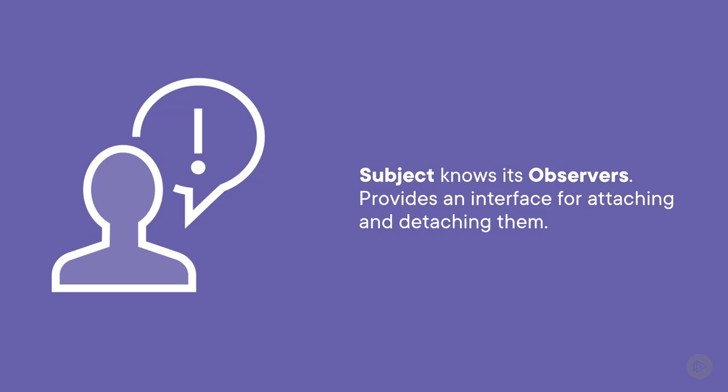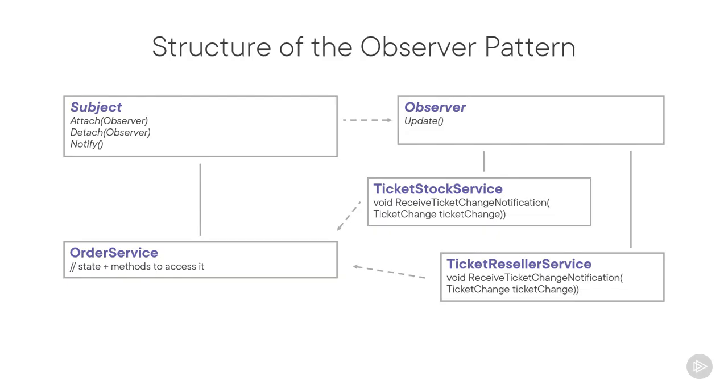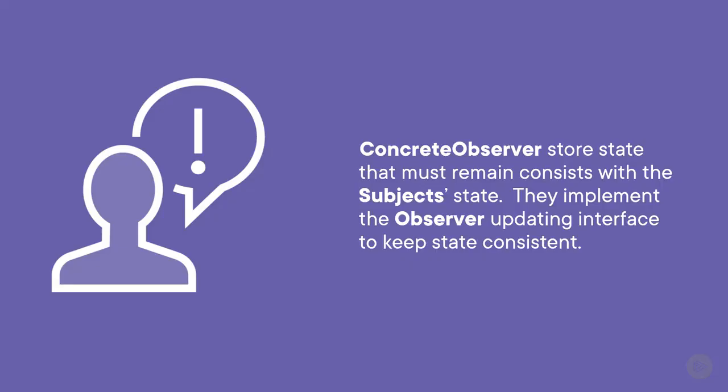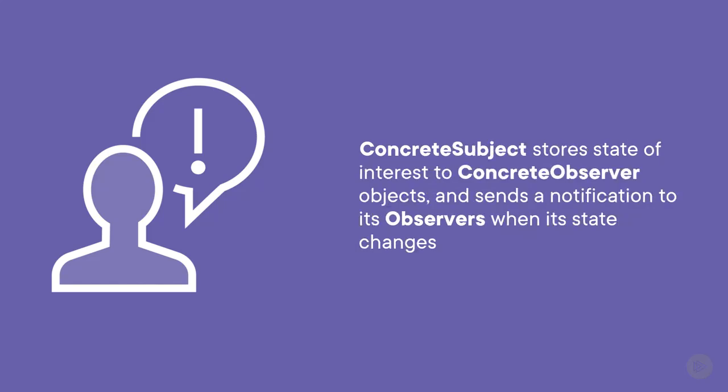Next to that, it provides an interface for attaching and detaching observer objects. The concrete observer maps to our ticket stock service and ticket reseller service. These store state that should remain consistent with the subject state, and they implement the observer updating interface to keep its state consistent with the subject's.